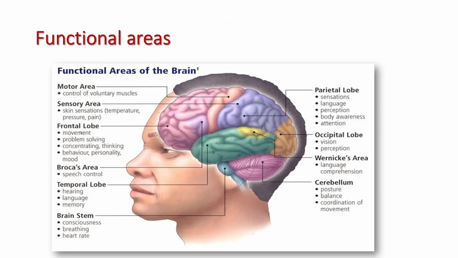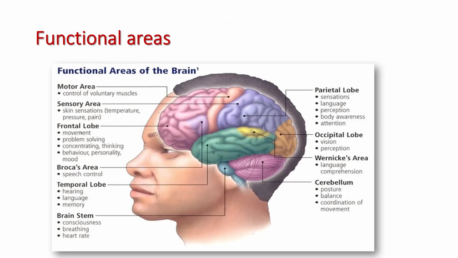And behind the central sulcus we have the primary sensory area, which is responsible for skin sensations, the sensations that we are testing when we are doing our neurologic assessment.